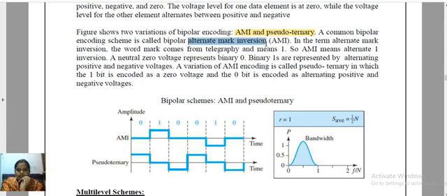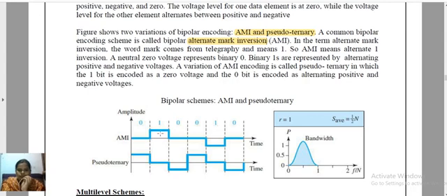AMI means alternate mark inversion. This alternate mark comes from telegraphy, that means it is 1. See this voltage diagram, 0 voltage is represented on the 0 axis, and binary 1 is represented as alternating voltage. Now see this one: 0 1 0 0 1 0.